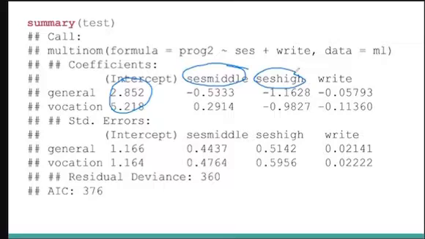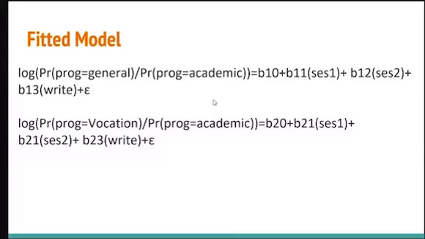Now take a look at that. That's continuous, right? So that is all what I'm just going to plug into the estimated multinomial regression model. Of course, you know what your B10 is. Your B10 is the intercept from the first one. The B20 is the intercept from the second one.